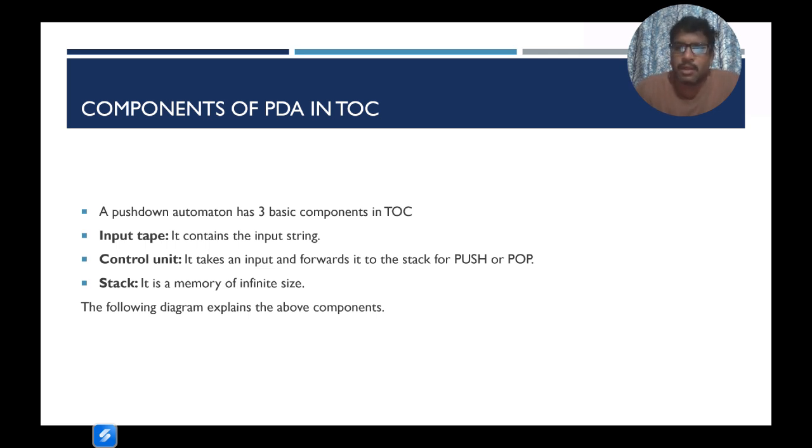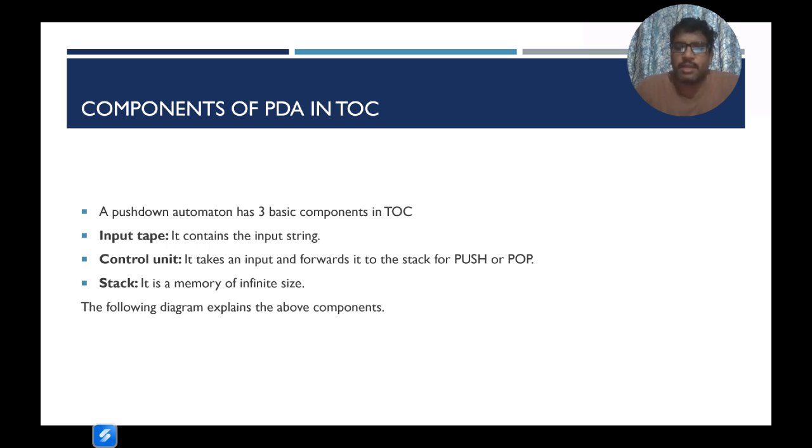We have the finite control unit. It takes an input and forwards it to the stack for a push or pop operation. A stack is used to store the alphabet. It acts as a memory of infinite size.